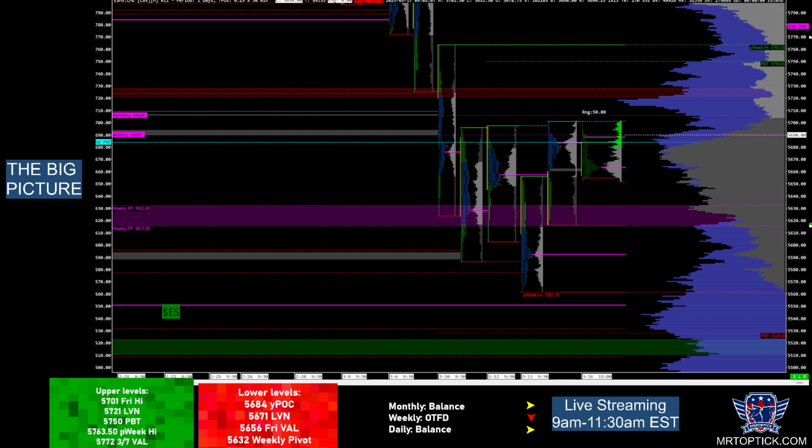Some traders are looking at levels on the front contract, others are looking at levels on the back month contract. Fibs are in different spots. Pivot points are in different spots. VWAPs are in different spots. So, it gets weird. So keep that in mind.